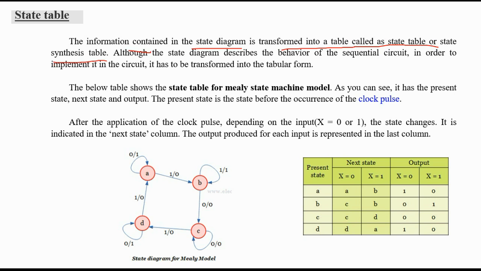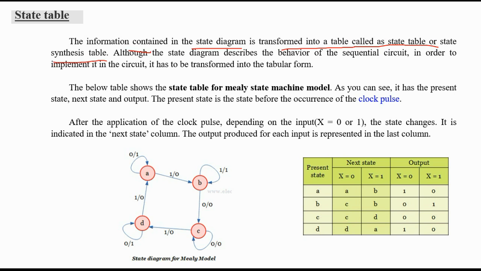Although the state diagram describes the behavior of the sequential circuit, in order to implement the circuit it has to be transformed into tabular form. Why do we need a tabular form? Even though the state diagram explains the concept clearly, why do you need a state table? Because to build a circuit.